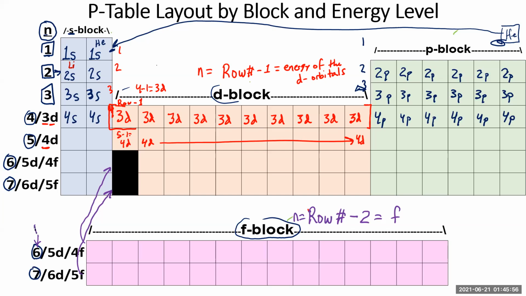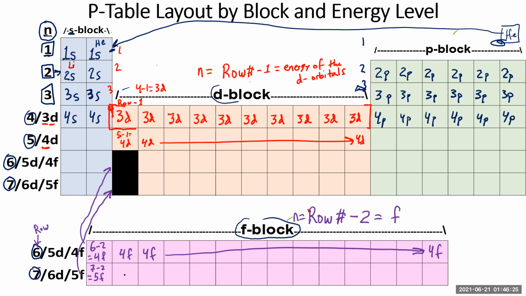At row 6, 6 minus 2 equals 4f. 4f, all the way across. And likewise, at row 7, 7 minus 2 equals 5f.